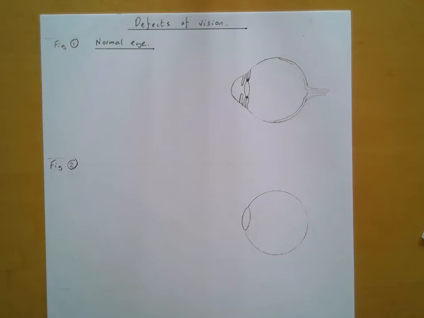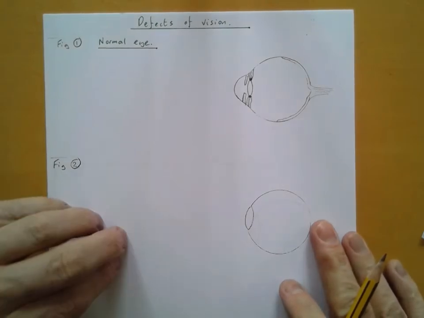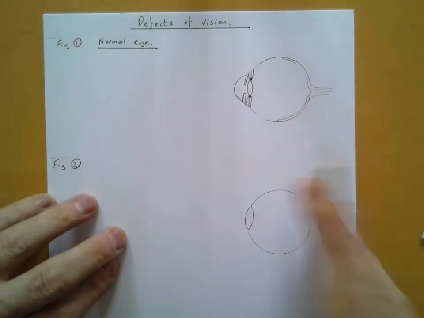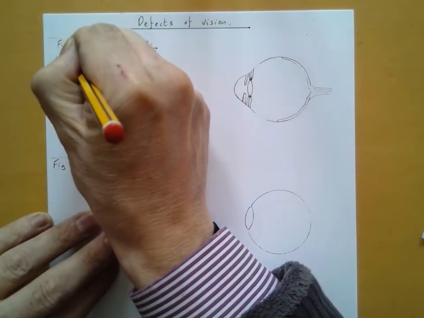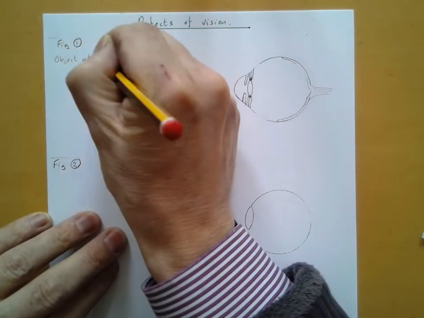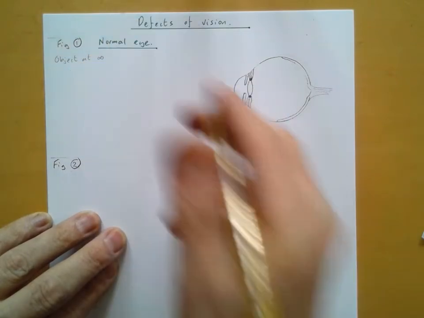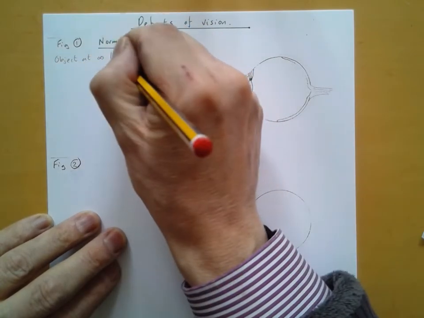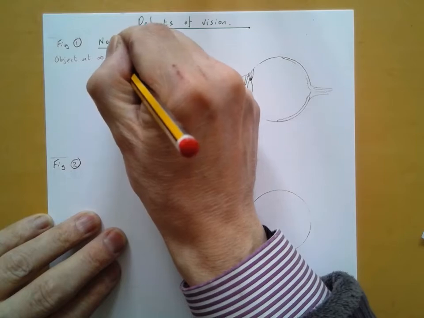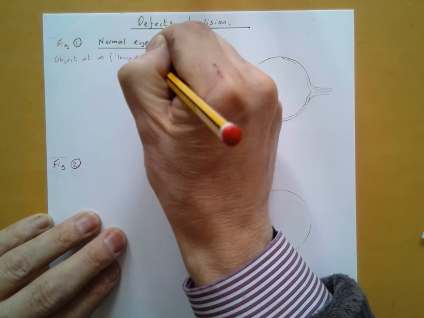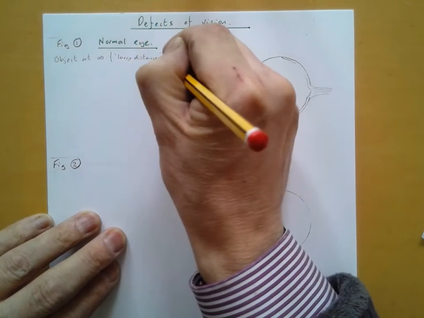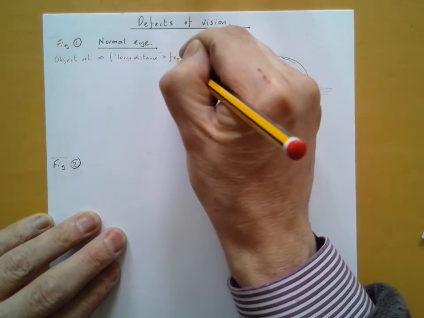Okay, what is actually going on to do that? Well, let's suppose that we have an object at infinity. And remember that infinity just means a large distance, greater than a few meters.